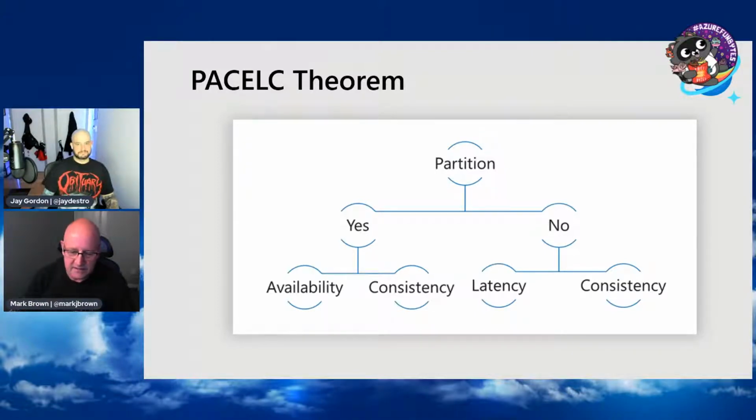And then the other side of this is what's called PACELC theorem, which extends CAP theorem. There's another condition here, and that is even if your network and your database are able to communicate with each other, you actually have another choice you have to make, which is a trade-off between latency and consistency.